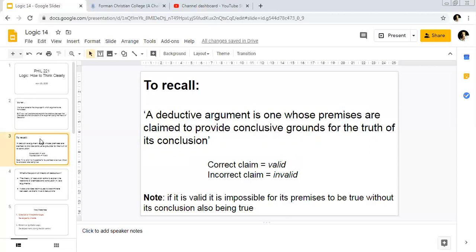So when the claim is correct, in other words, that there is inference, then a deductive argument can be said to be correct, right? And we also made this important note that if it is valid, it is impossible for the premises of an argument to be true without the conclusion also being true. So if you have true premises in a valid deductive argument, it is impossible for the conclusion to be false. Okay.